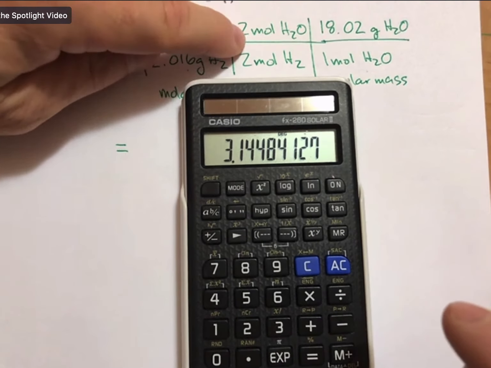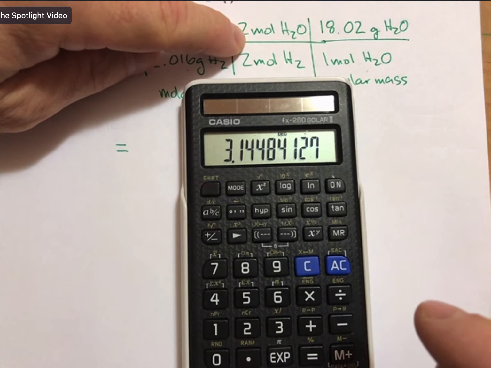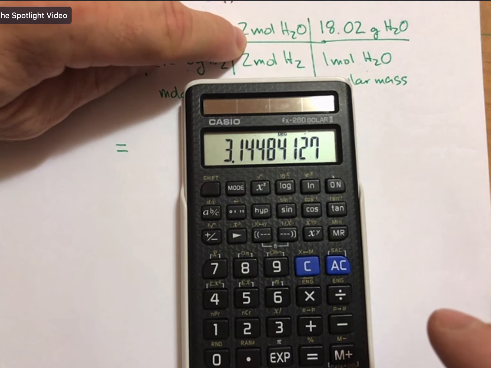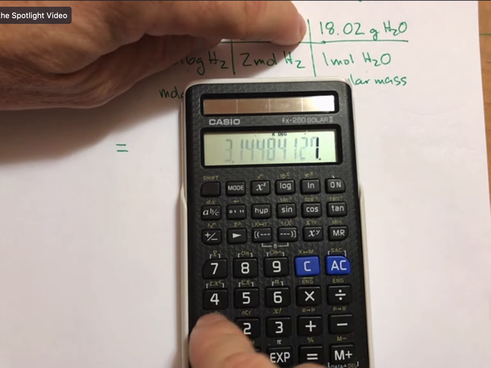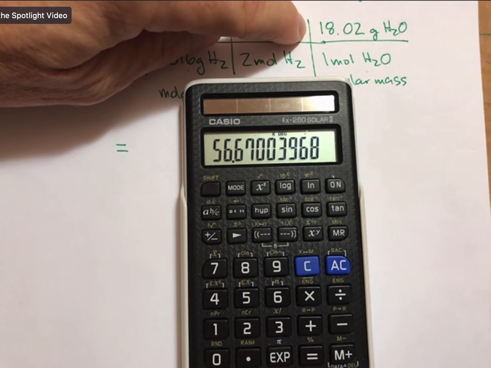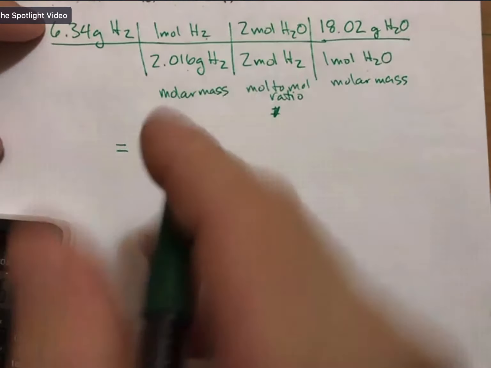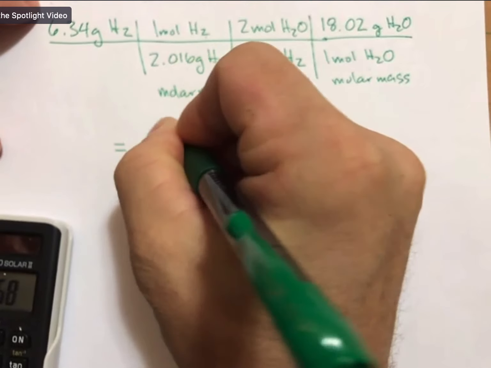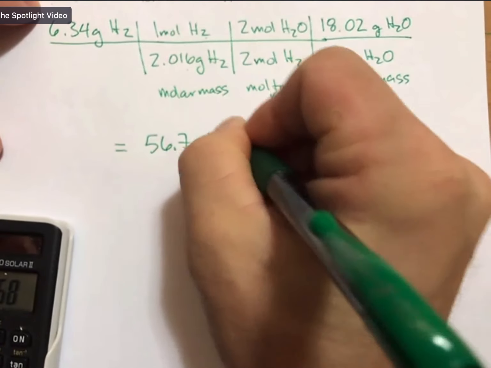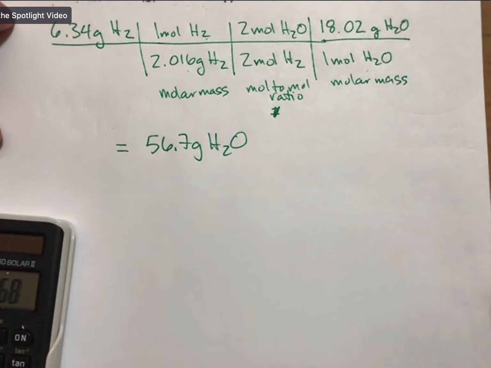So those two cancel out. I don't have to do them, but you can, and you get the same answer. Then times 18.02. I get 56.7, rounded to 3 sig figs, grams of H2O. That is the grams of water that I can make.